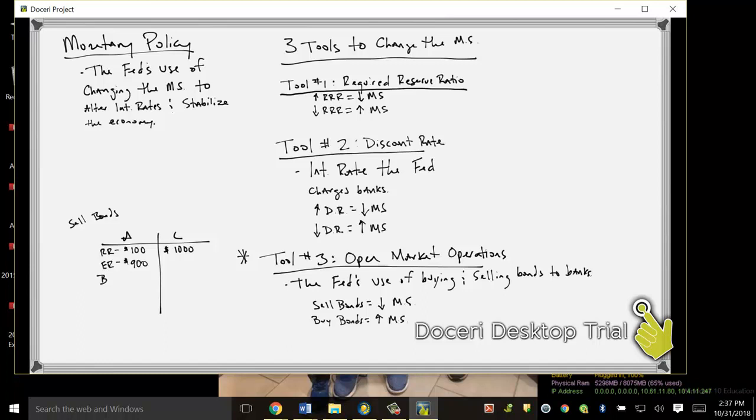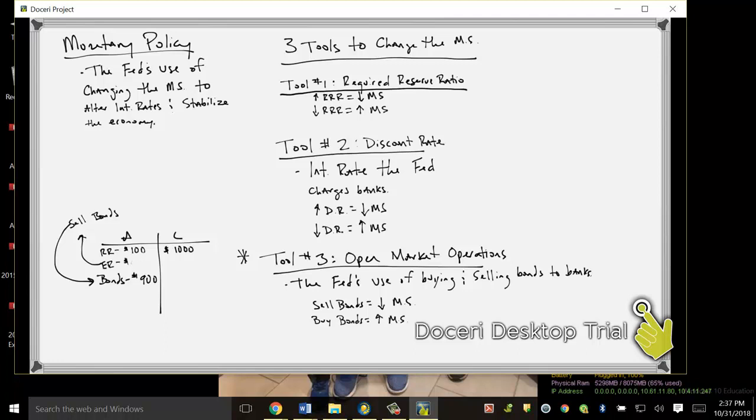So say bonds are now going to equal $900. And the Federal Reserve is going to take their excess reserves away. So the bank is going to give their excess reserves, this money is going to go to the Federal Reserve when they sell bonds. The Federal Reserve is giving them the bonds, but now the banks don't have that money available to loan out.